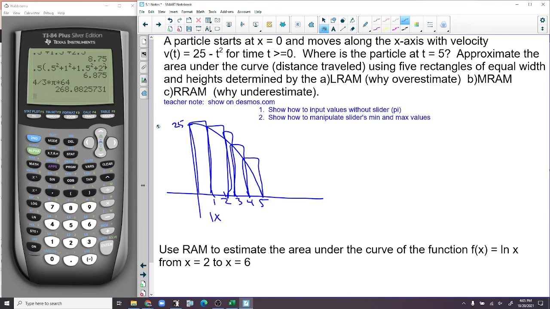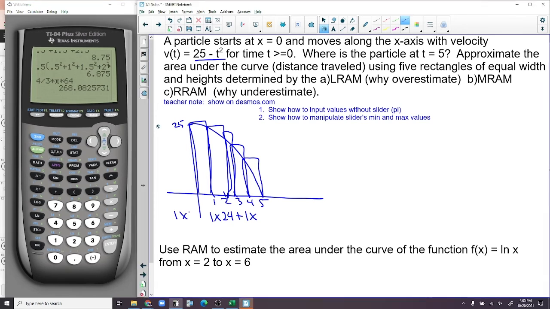If I plug 0 in, we get 25. Then plugging 1 in gives 24, then 2 in would be 25 minus 4, 21. Plug 3 in, 25 minus 9 is 16. Plug 4 in, which is 9.